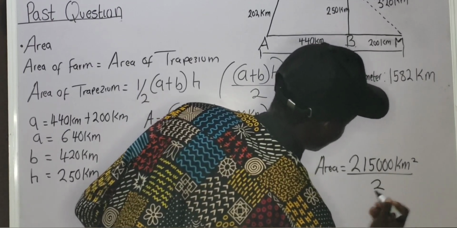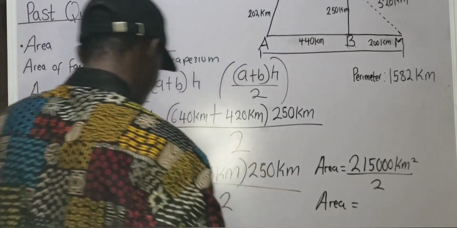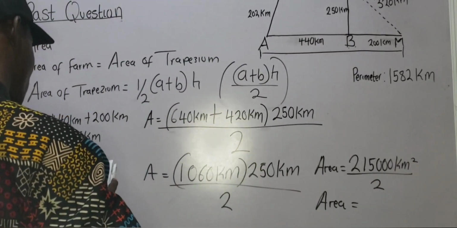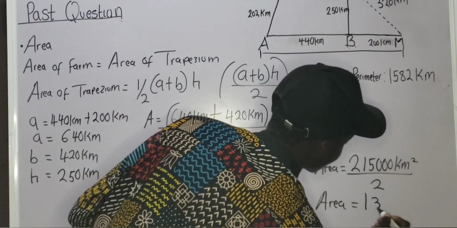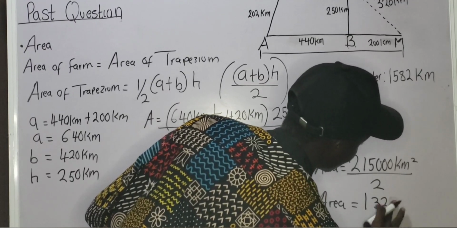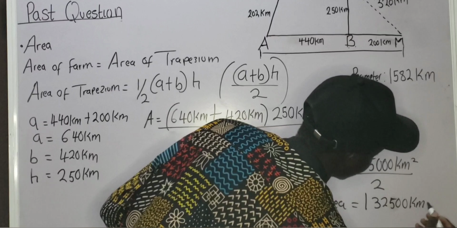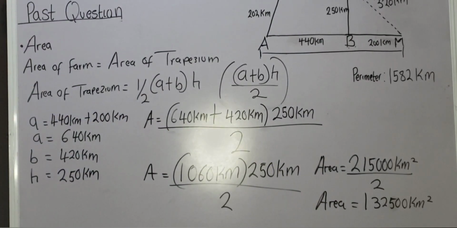Now divide this by 2 and that will give us the area. 265,000 kilometers squared divided by 2 is 132,500 kilometers squared. So the area of the farmland is 132,500 kilometers squared. Do you understand how I got it?